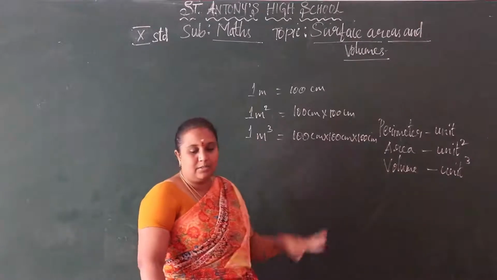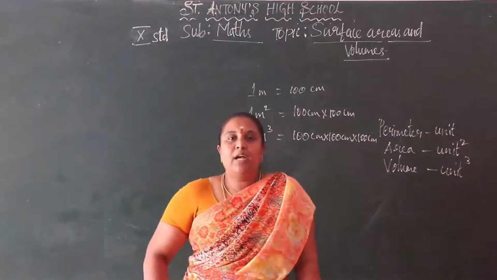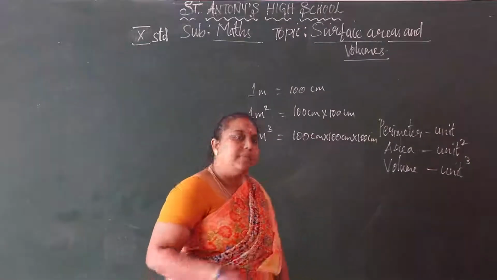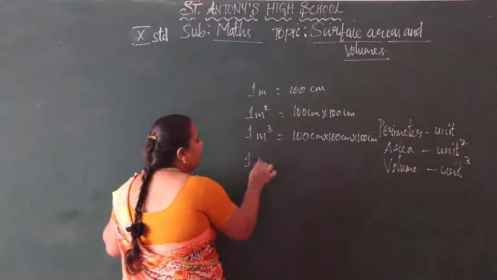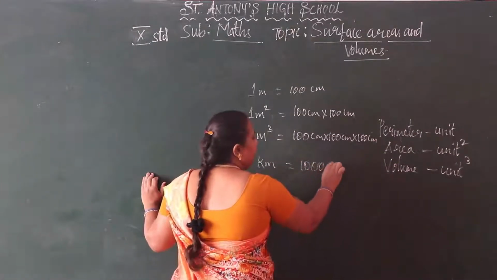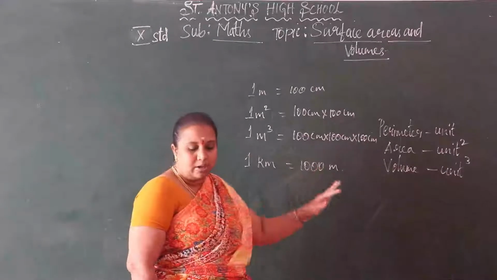So these are the conversions here. Then we have kilometer: 1 kilometer equals 1000 meter.